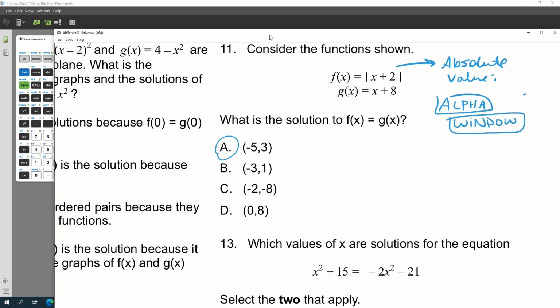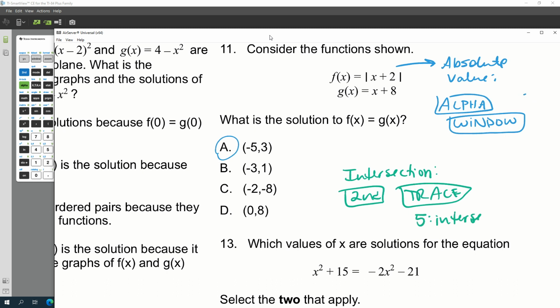That's also where you go to find the summation and where you go to find the log base. So if you're not sure what to do on the calculator to find something, try alpha window. And then to find the intersection, it's second and then trace and then number 5. And then enter 3 times.